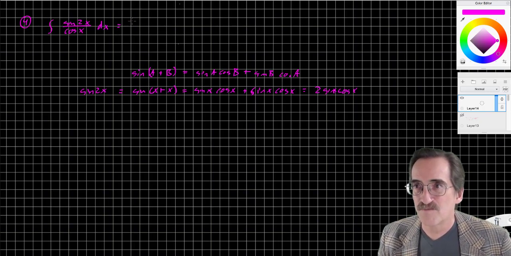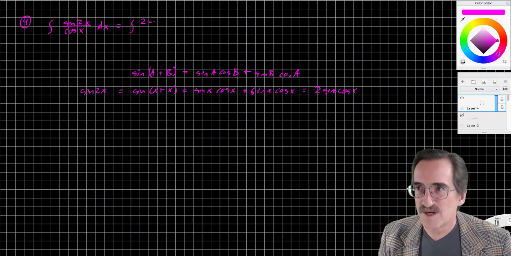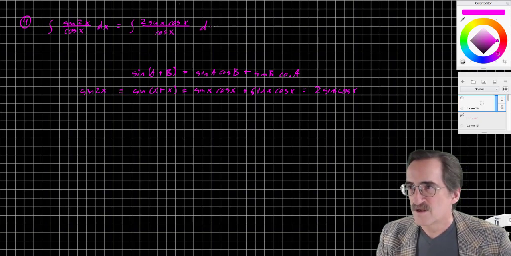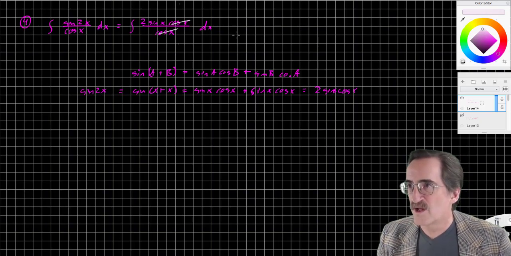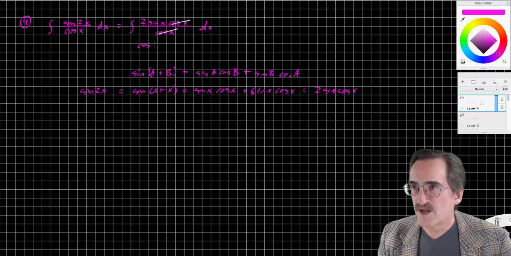You may recall the double angle identity, or you may have to work it out from the sine angle addition formula. All right, but this is the integral of 2 sine x cosine x over cosine x dx. And we have a little bit of cancellation. Now remember one thing: this means cosine x cannot equal 0, so x cannot equal pi over 2 plus any multiple of pi.